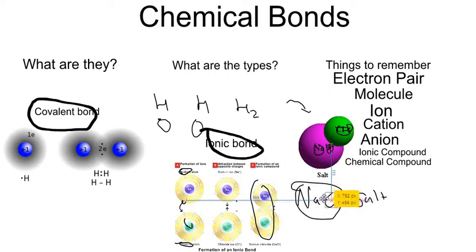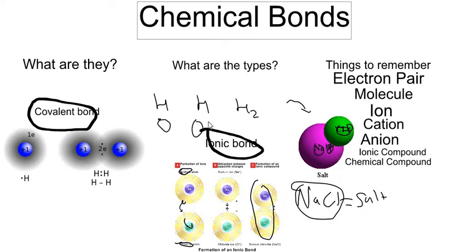So usually anions are nonmetals and cations are metals. Because in this example, sodium would be the cation and chlorine would be the anion. So they basically shared their electrons to create a chemical compound, or ionic compound.